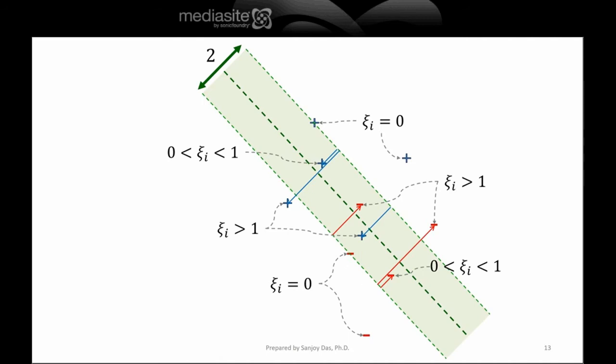So this is a summary of what we just saw. For these points, as well as the points that are exactly on the correct side, but not violating the margin, zeta i equals 0.